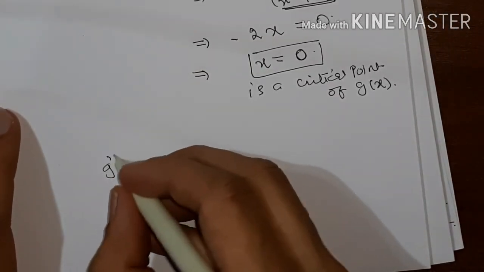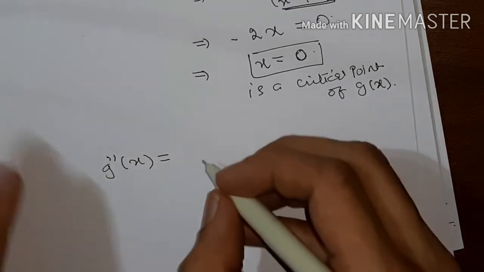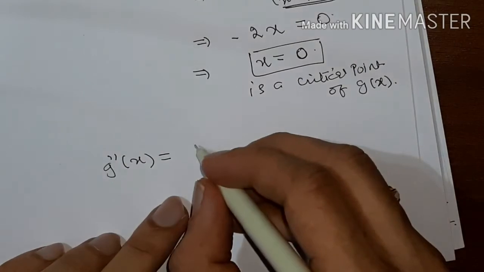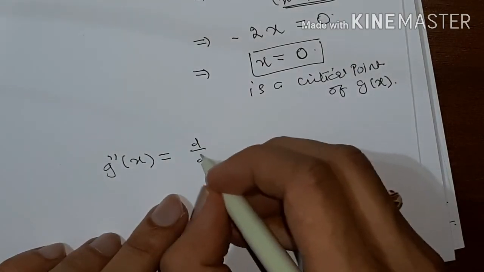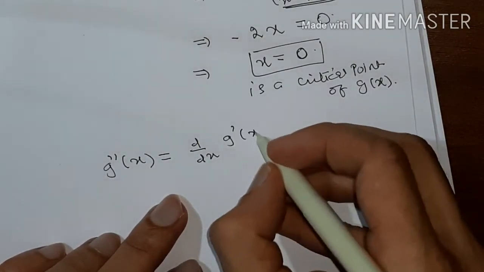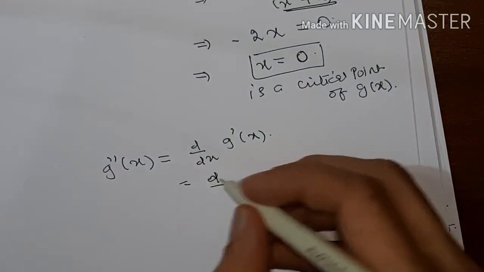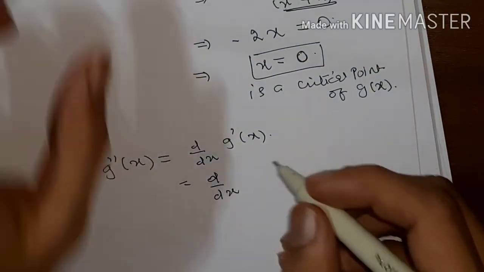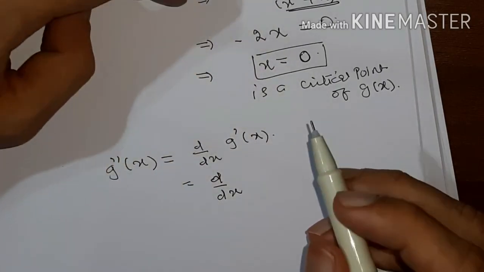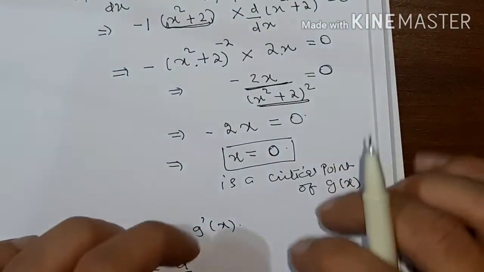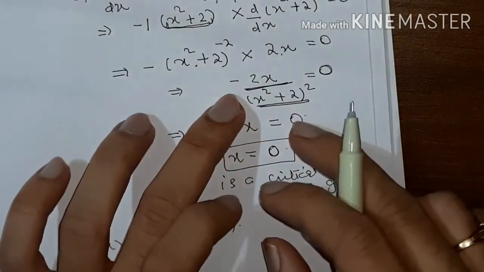You have to find g double prime of x. G double prime of x is nothing but the derivative of g prime of x, right? So the derivative of g prime of x you have to find. Here you have to be careful because after this you have done some simplification.